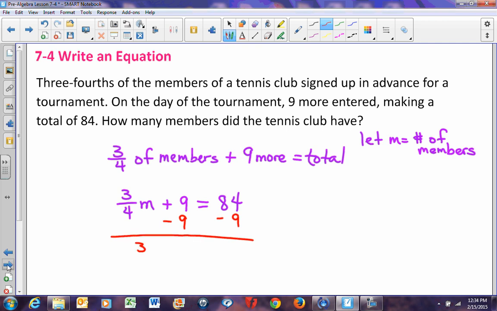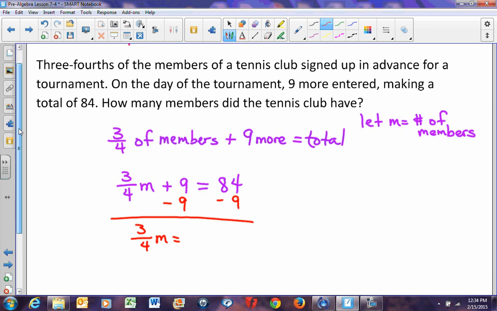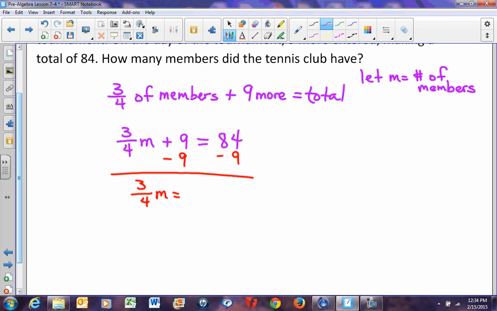So now I have 3/4 m equals 84 minus 9, which is 75. Now I need to multiply by the reciprocal. 3 over 4, so I need to multiply by 4 over 3 here. That's 75 over 1 multiplied by 4 over 3.